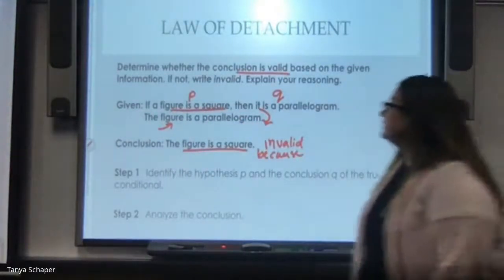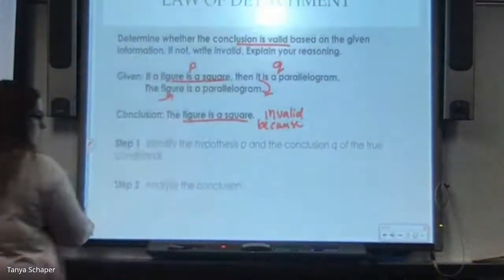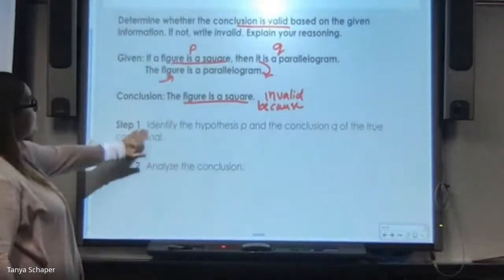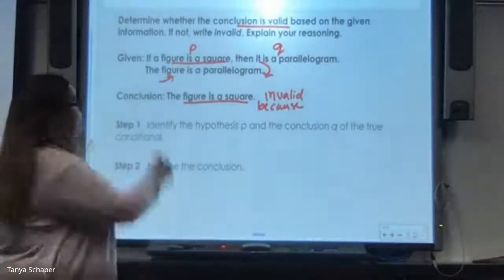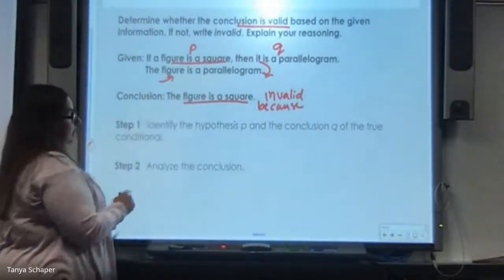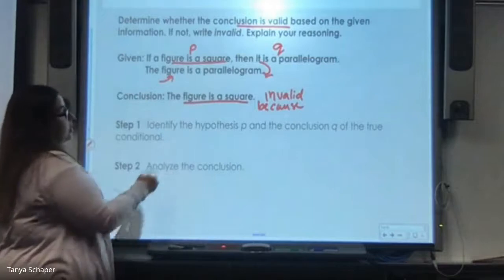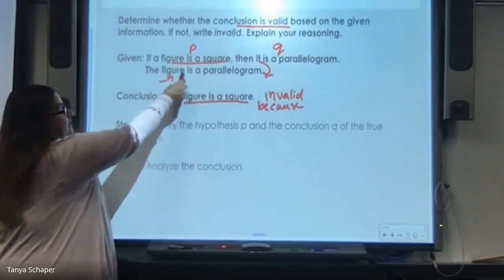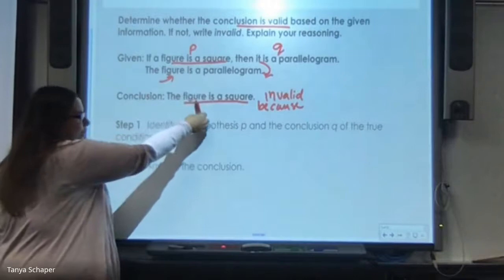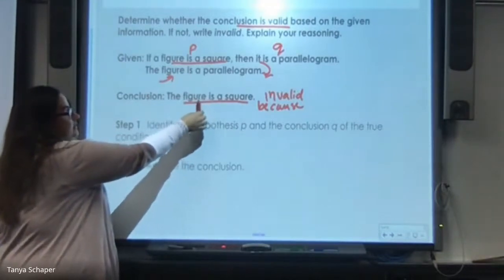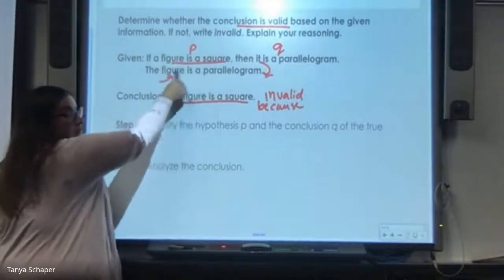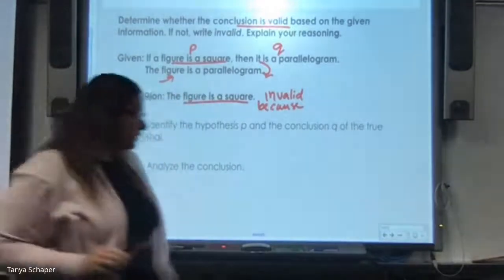So identify the hypothesis and the conclusion, and then we have to analyze the conclusion. This here, my apologies, is the hypothesis. We need the hypothesis to be here. That's the difference.